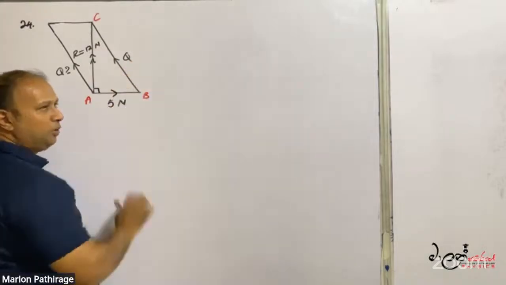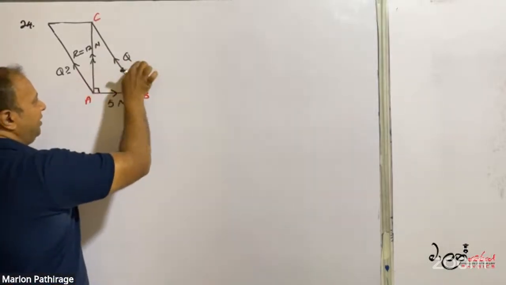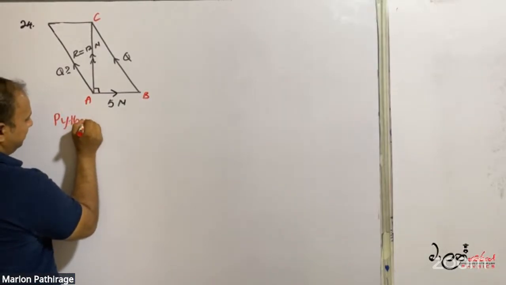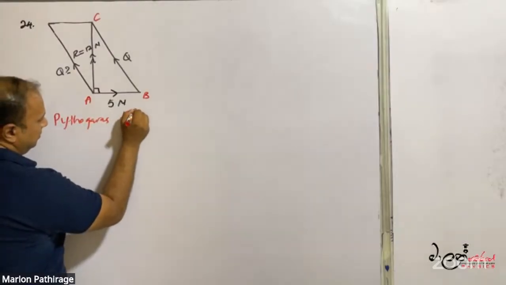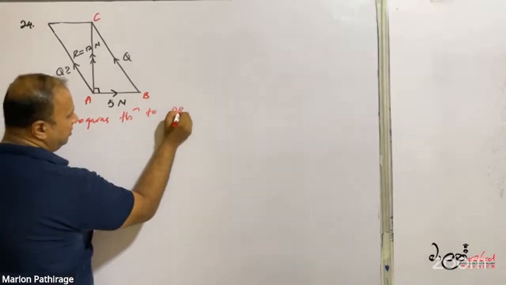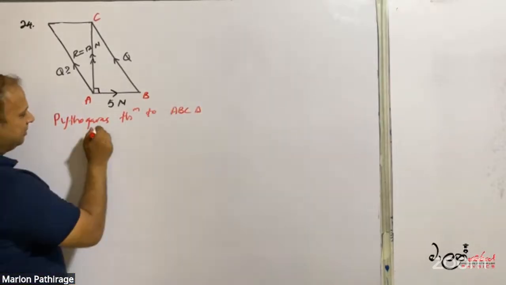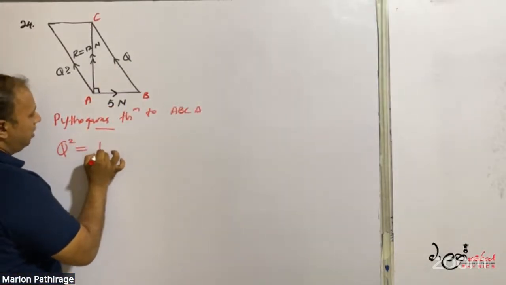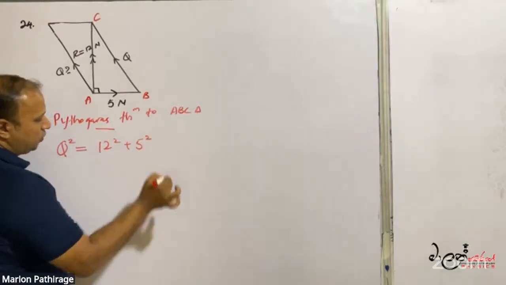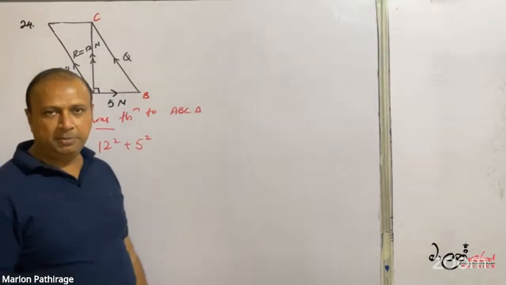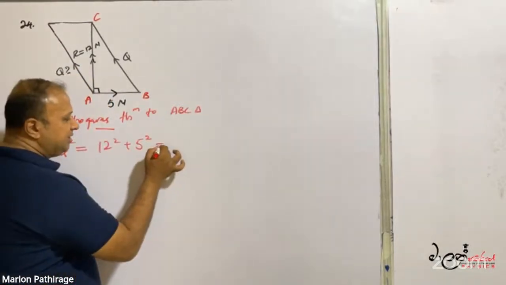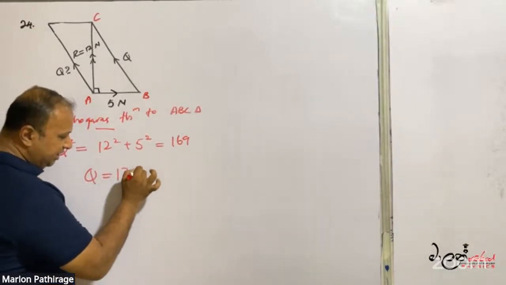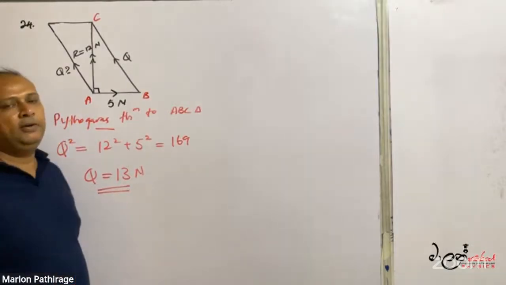You need to determine Q. You are given two sides and need to determine Q. Therefore, if I apply Pythagoras theorem to the ABC triangle, hypotenuse is Q, therefore Q squared is equal to 12 squared plus 5 squared. 12 squared plus 5 squared is 169, that means 13 squared. Therefore, Q is equal to 13 Newton.